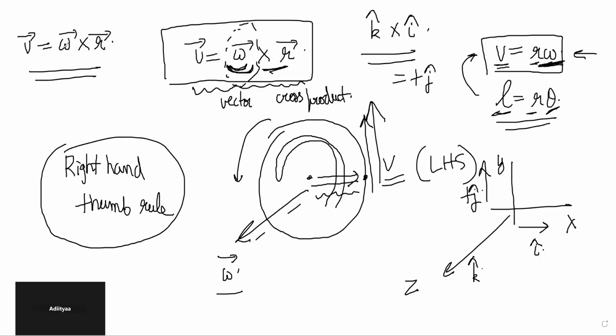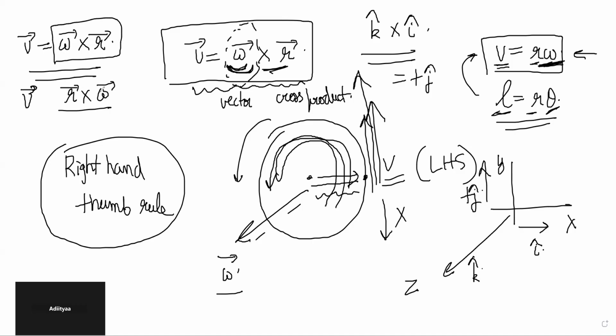If you don't put it as a cross product, if you put it like this, then you will get the wrong answer for the direction of the tangential velocity. It'll be in the opposite direction, which doesn't make any sense. If the rotation is like this, it is common sense that the tangential velocity is like this. The only formula that will fit is this, not this.